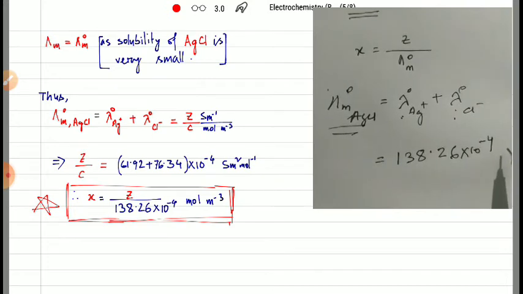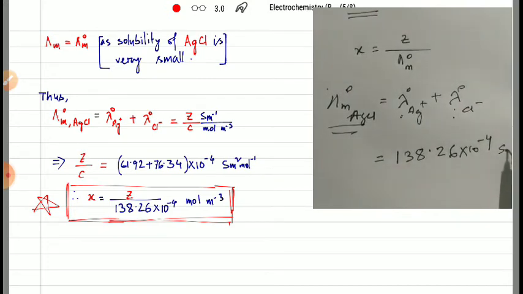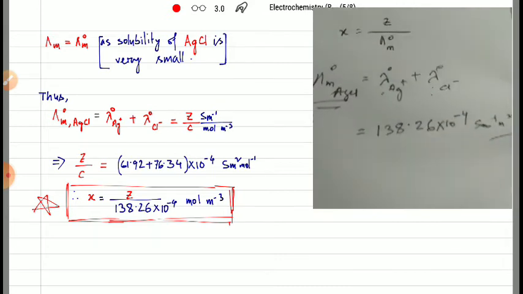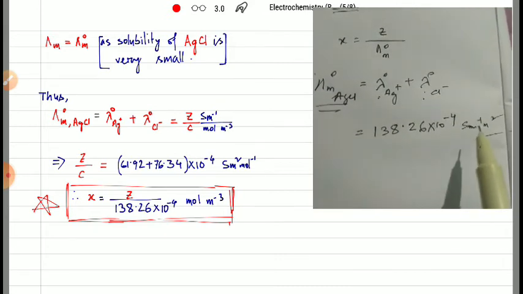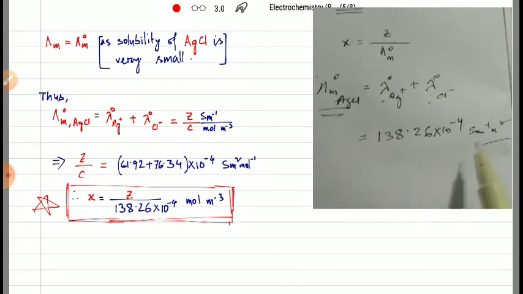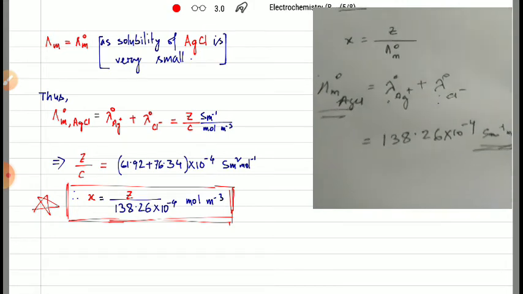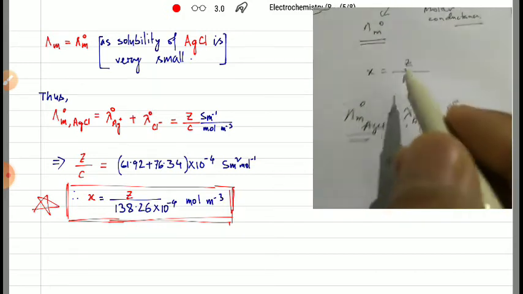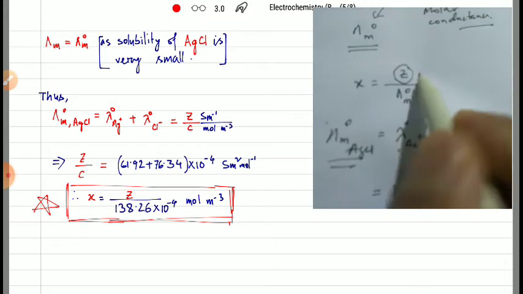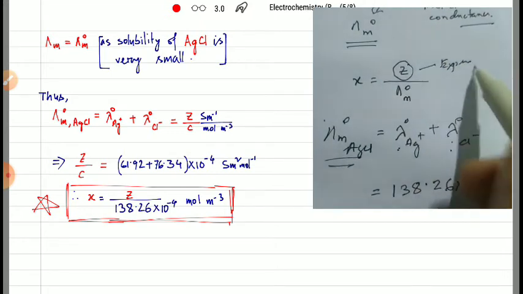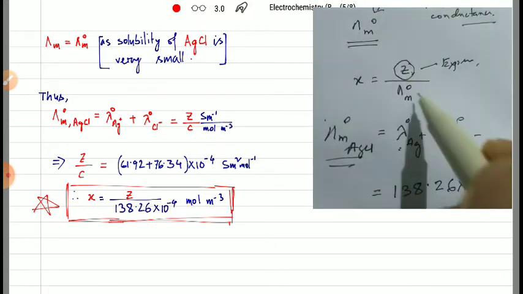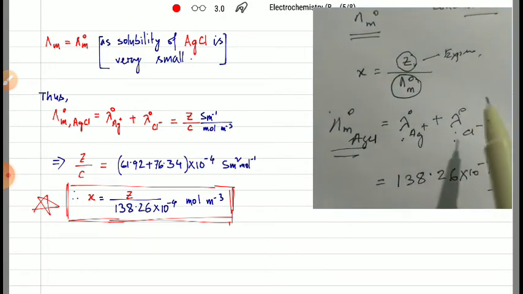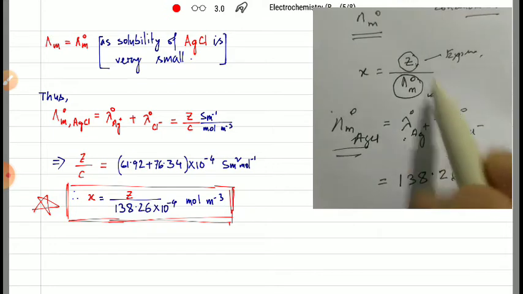The unit of this is Siemens per mole meter square. You can check the unit. So we have Z from that experiment, and we can calculate lambda m for silver chloride using Kohlrausch's law. That means we have the tools.